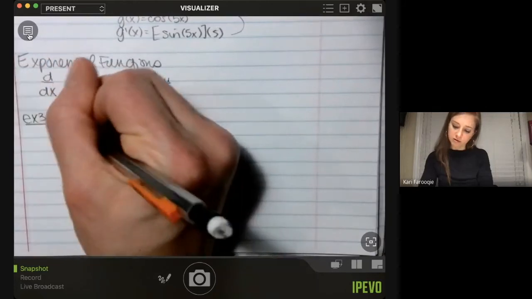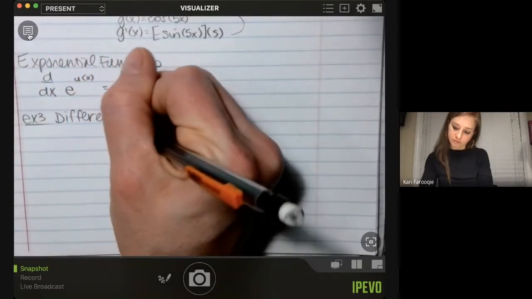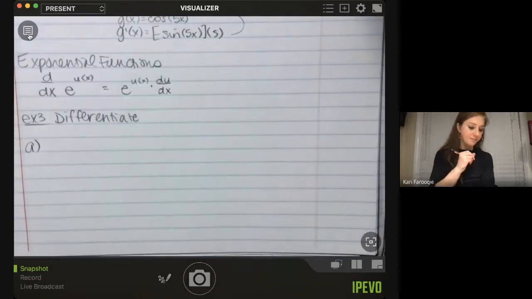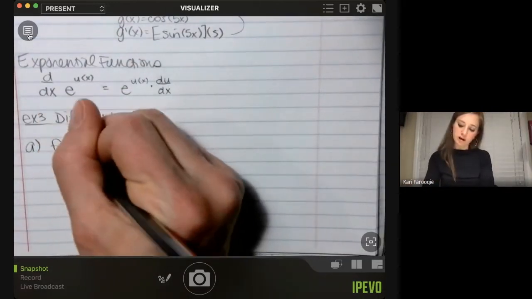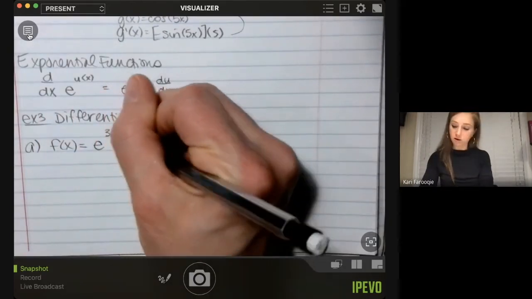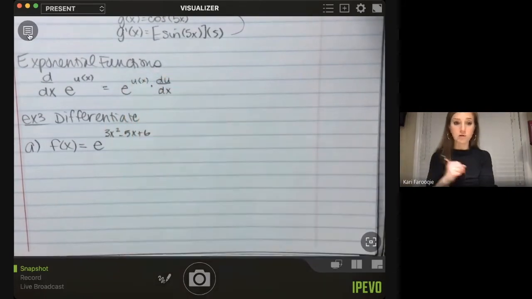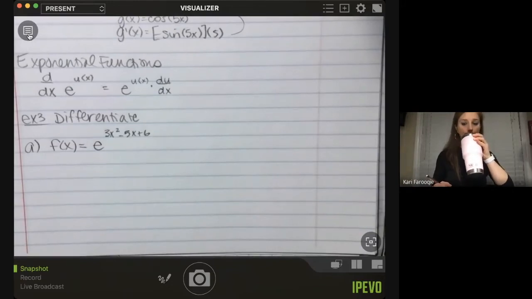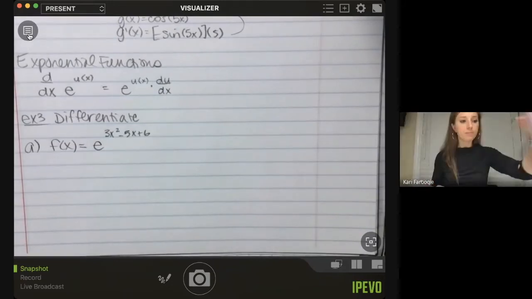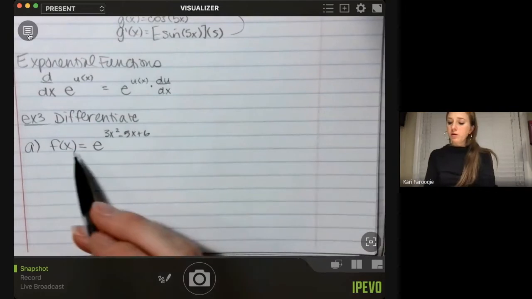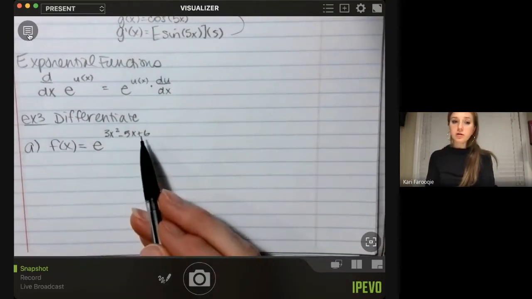Example 3, differentiate. So first we'll look at f of x equals e to the 3x squared minus 5x plus 6. All right, so we have e to some function u of x.